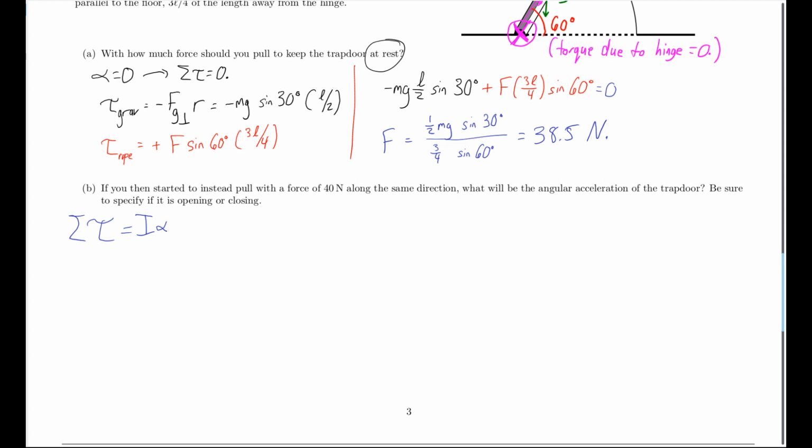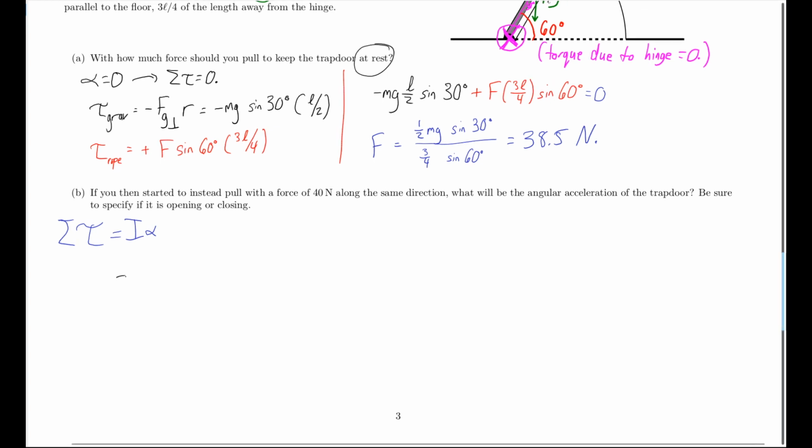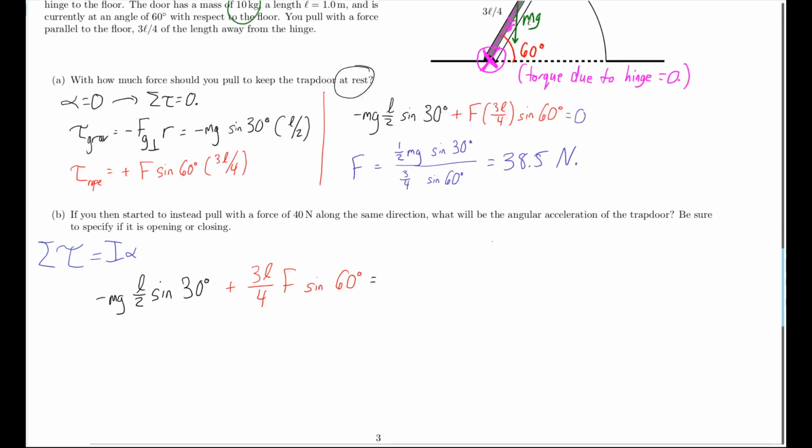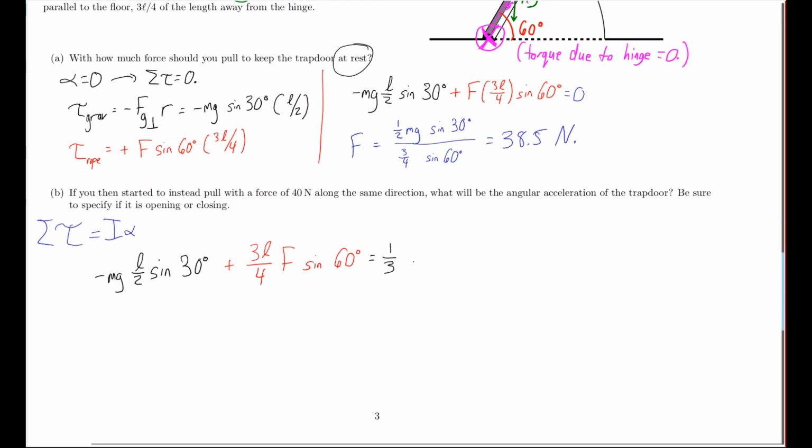So the net torque now is going to be minus mg L over 2 sine 30 degrees plus, I'm going to write this in a slightly different order, 3L over 4 F sine 60 degrees equals I alpha. Well, I for a board about its edge is 1/3 ml squared. So 1/3 mass of the board, length squared, times alpha.